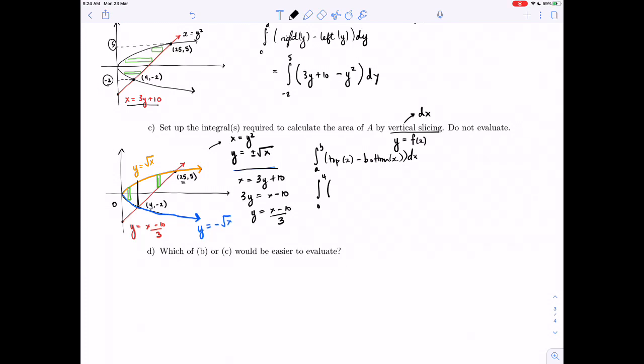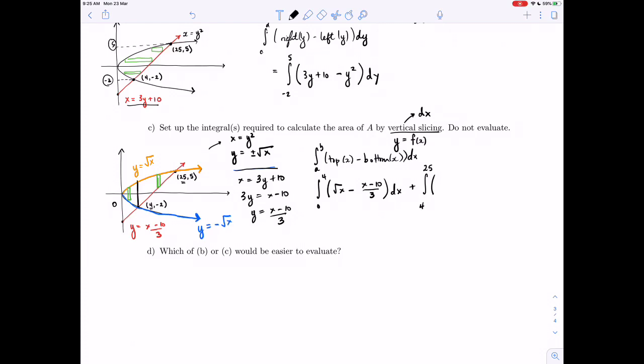The top is the positive square root of x minus the bottom function, which is (x minus 10)/3. Add to that the integral for the area of the second region, so the region we said from 4 to 25. The top function is still the root function.